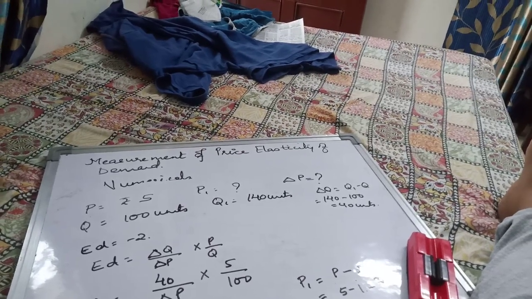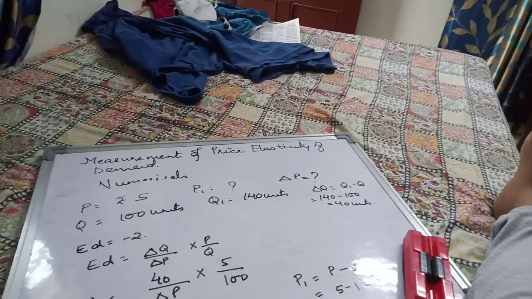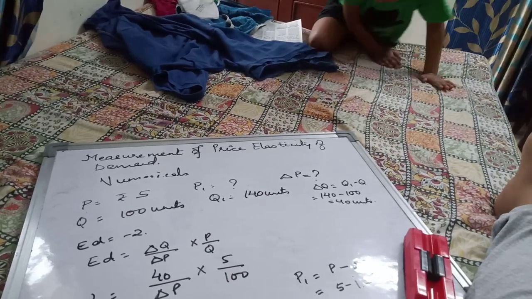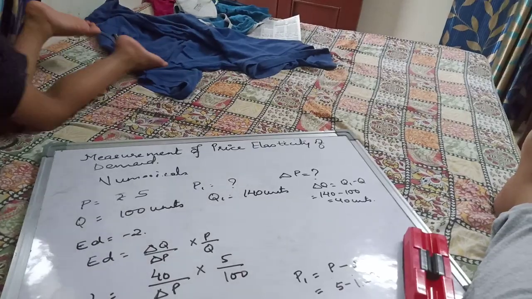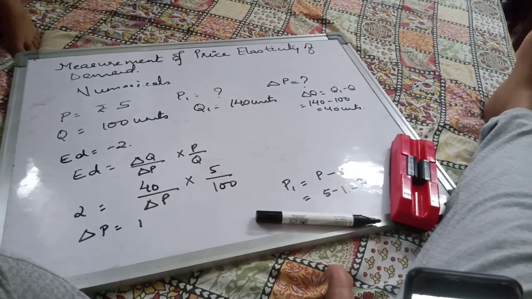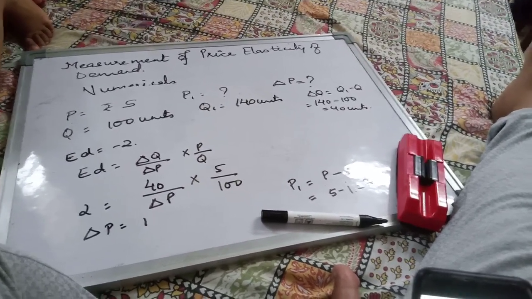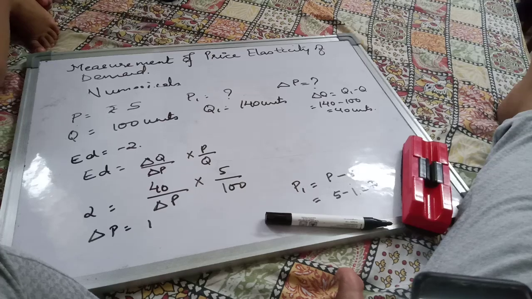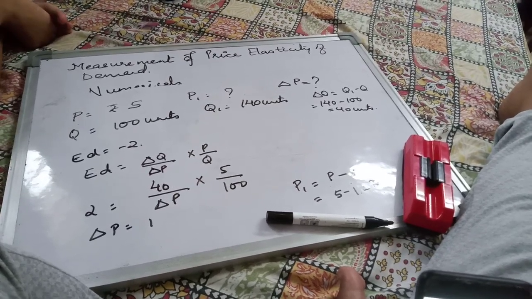Again, commodities X and Y have equal price elasticities of demand. The demand of X rises from 400 units to 500 units due to 20% fall in its price.